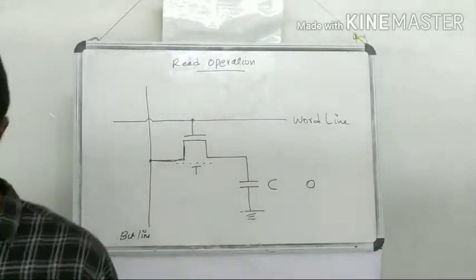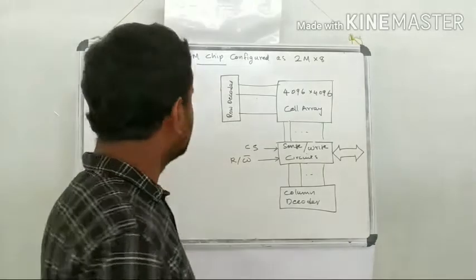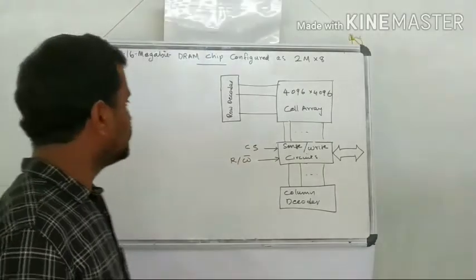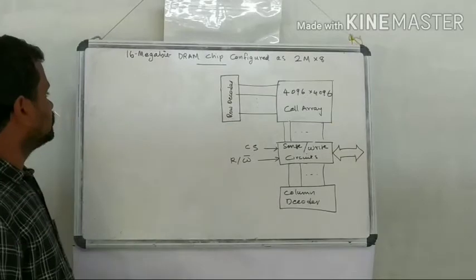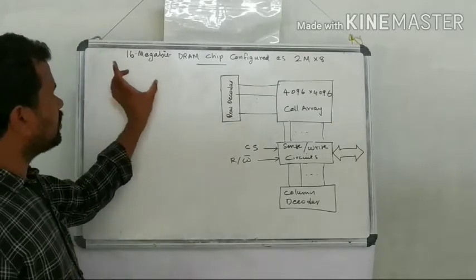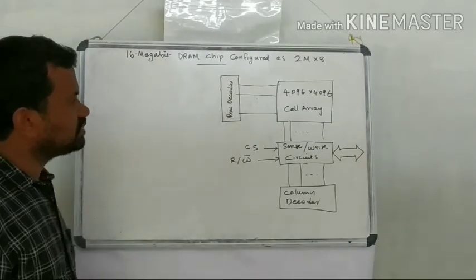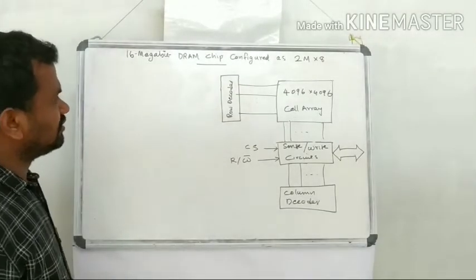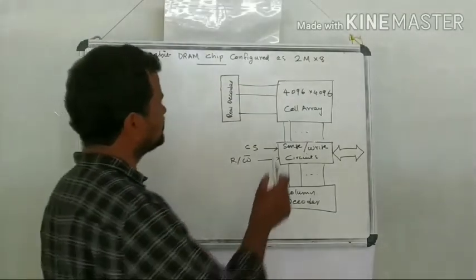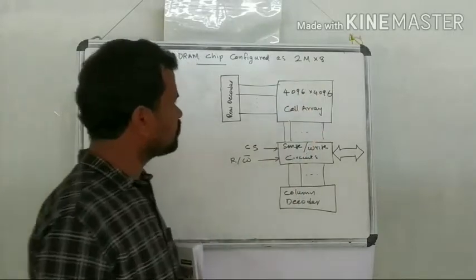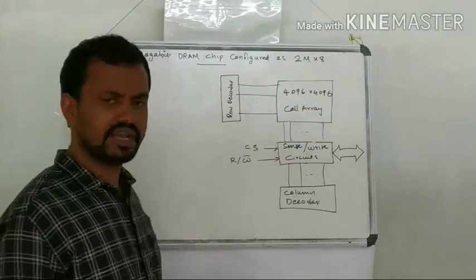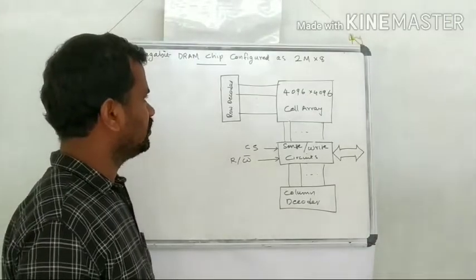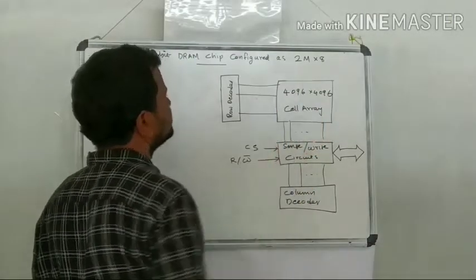Next, we will explain a 16 megabit DRAM chip configured as 2M x 8. Here the cell array is organized as a 4K x 4K matrix. Why are we arranging it like this?